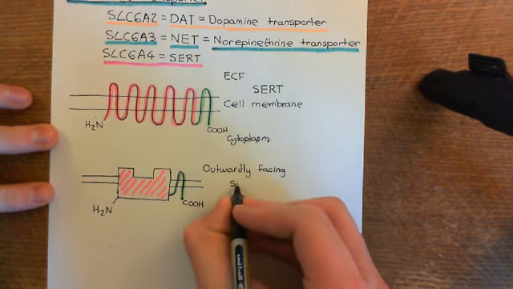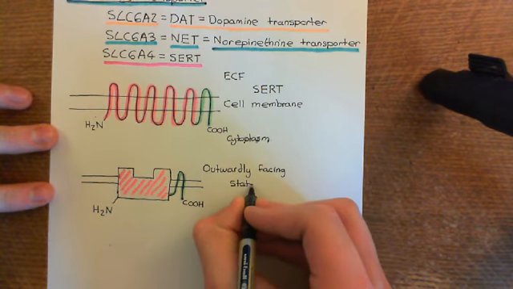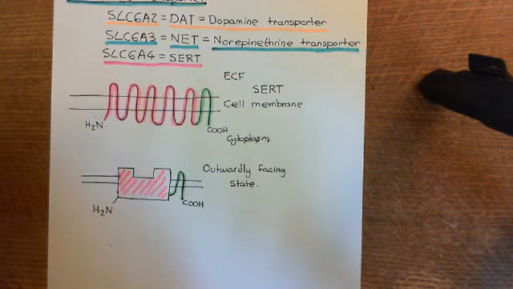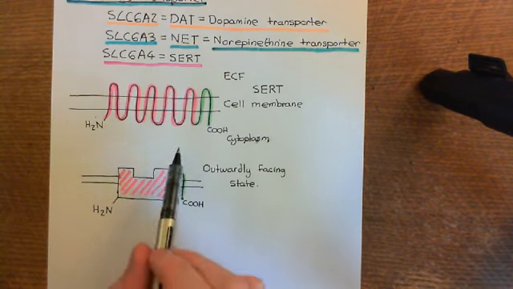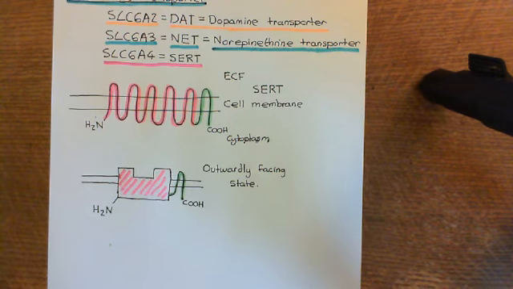Okay, so transporters have two states. This is a running theme for all transporters. Okay, they have one state which faces one side of the membrane. In this case, we're in the cell membrane, so we've got an outwardly facing state which is facing the outside world. Okay, and then we'll have another state which will face the opposite side of the membrane, in this case the cytoplasm, and that will be called the inwardly facing state.